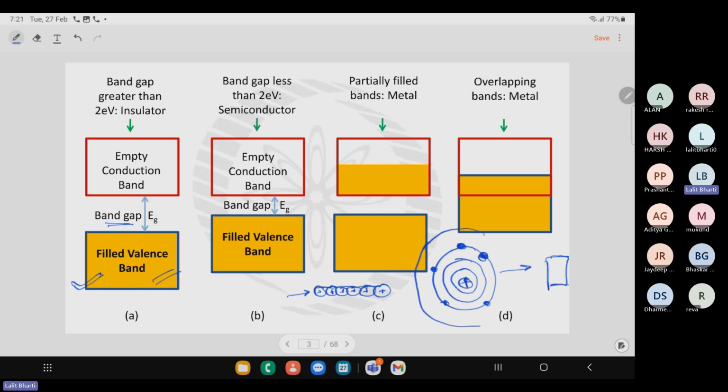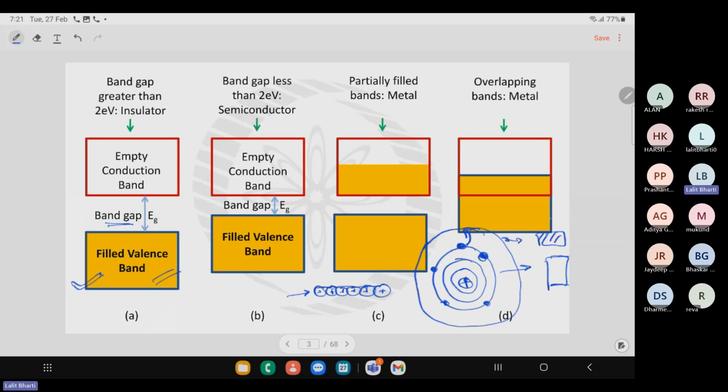So this is your conduction band, that is basically empty. If your electron can move from here to here easily, the material will be conductive. But in this case, this conduction band will also make a spectrum of energy.